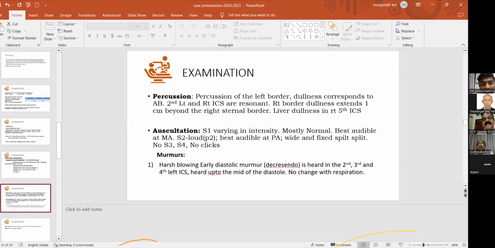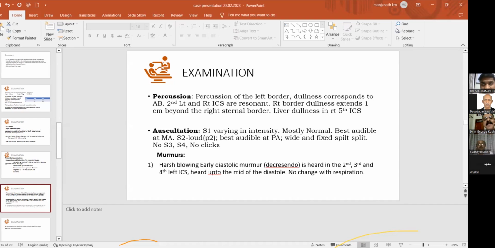So do you think this is normotensive PR or hypertensive PR? With RVH and all. No, we are only talking about the murmur. So based on the murmur you have described, do you think this is hypertensive PR or a normotensive PR? I will go with hypertensive PR, sir. Why? Sir is asking about the timing.